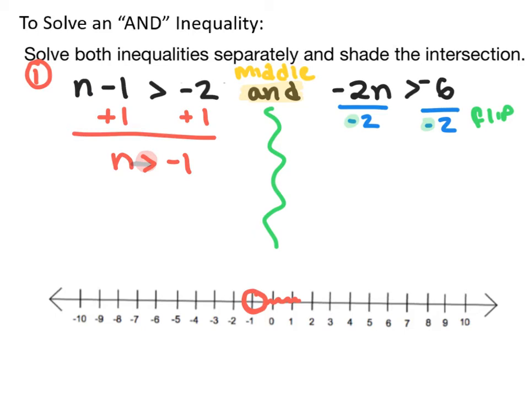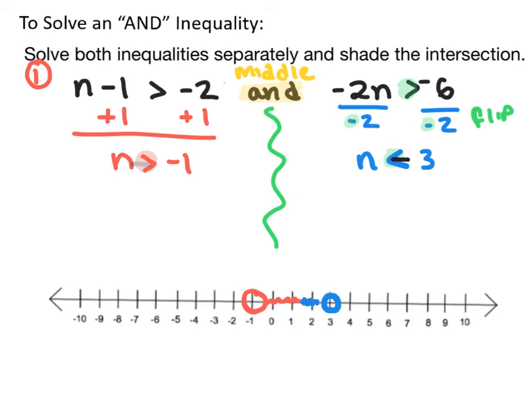So I'll have n is -6 divided by -2, which is 3, and my sign switches from being originally greater than to now it will be less than. So if I want to graph this inequality, I'm going to have an open circle at 3, and since my inequality symbol is pointing to the left, I can start to shade to the left.